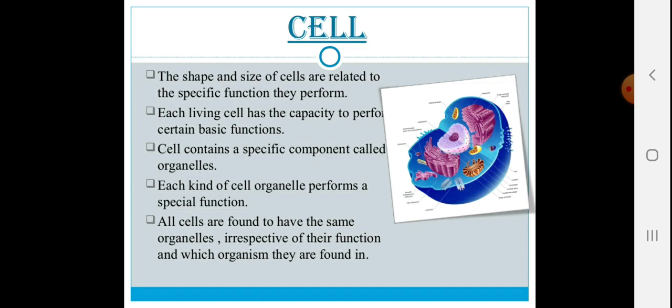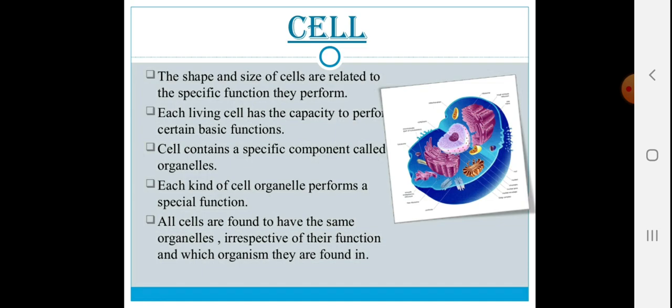Second example, the sperm cell or the ovum. These two are specialized cells mainly involved with the reproductive part of human beings. So each living cell has the capacity to perform certain basic and specific functions.